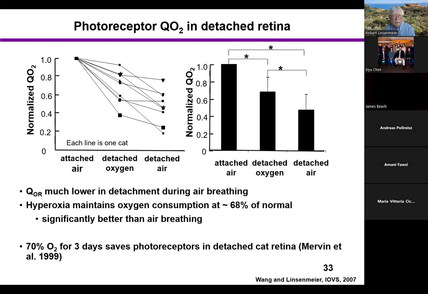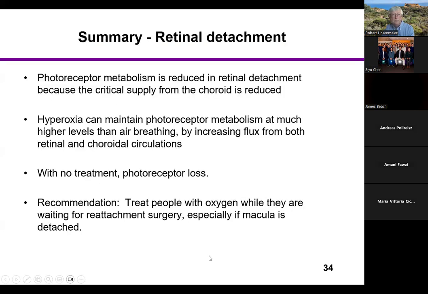We also know that if you allow animals, cats, to breathe 70% oxygen for 3 days after a detachment, you can save photoreceptors. There's less photoreceptor apoptosis. That was shown in a study by Mervyn et al. in 1999 from Jonathan Stone's group in Australia.